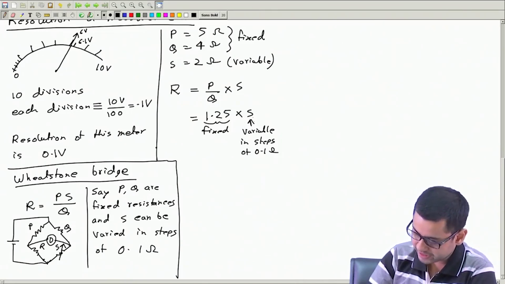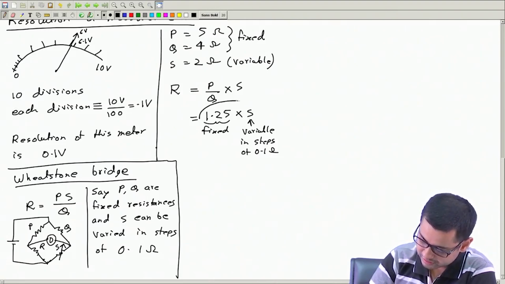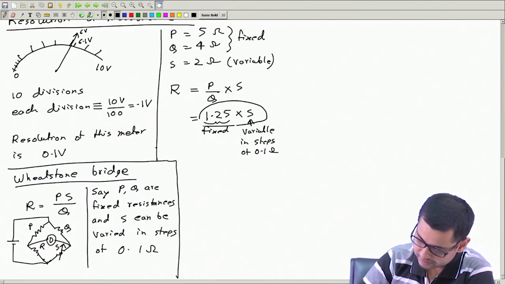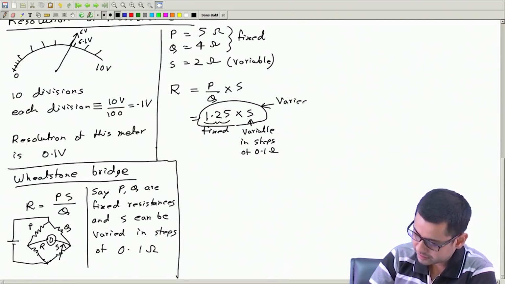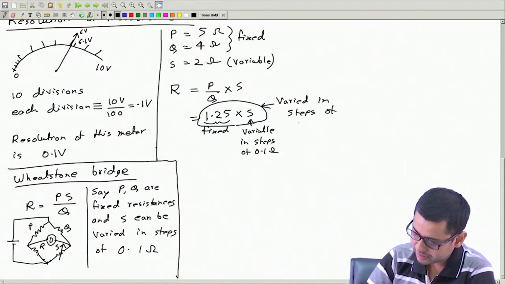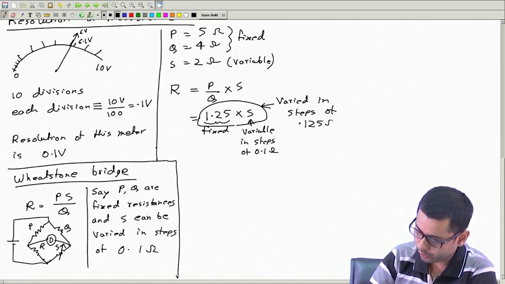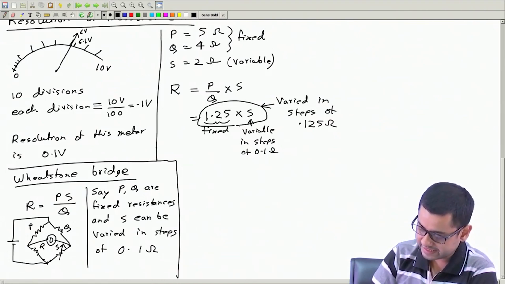So we are varying S. Now S can be varied in steps of 0.1 ohm, which means this quantity together is varied in steps of 1.25 multiplied by 0.1, which is 0.125 ohm. This is the minimum change that you can create in this quantity.